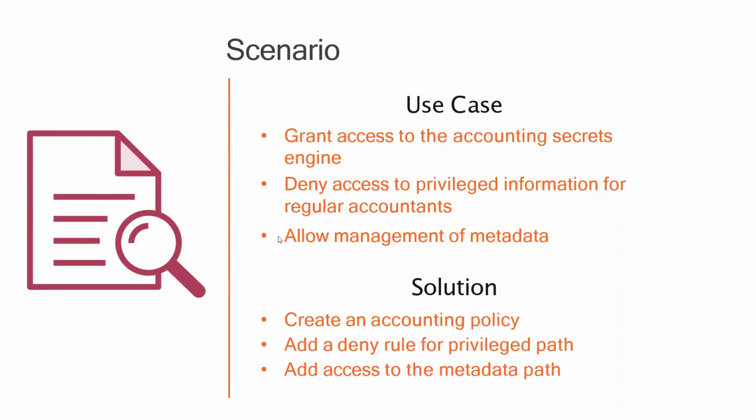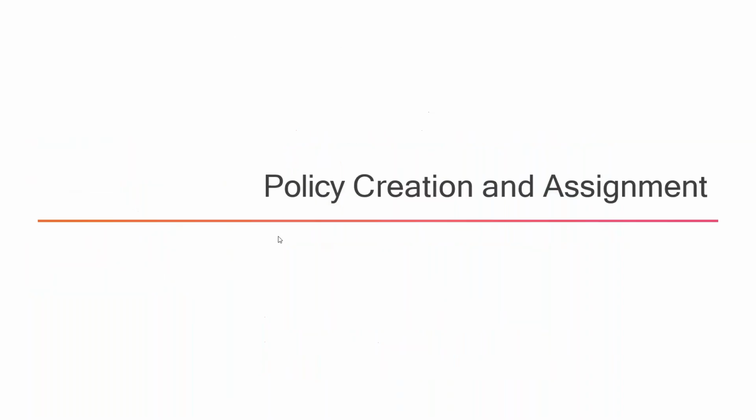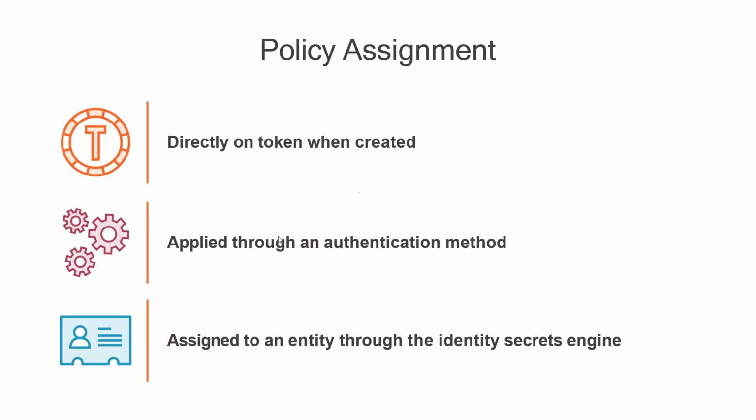Another use case: grant access to the accounting secret engine, deny access to privileged information for a regular accountant, and allow management of metadata. So what you have to do? Create an accounting policy. Add a deny rule for the privileged path. Add access to the metadata path.